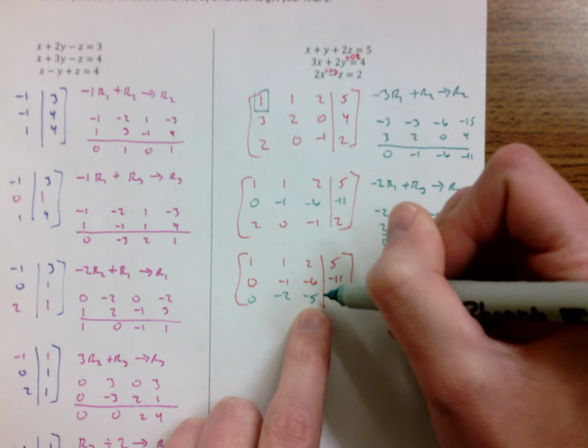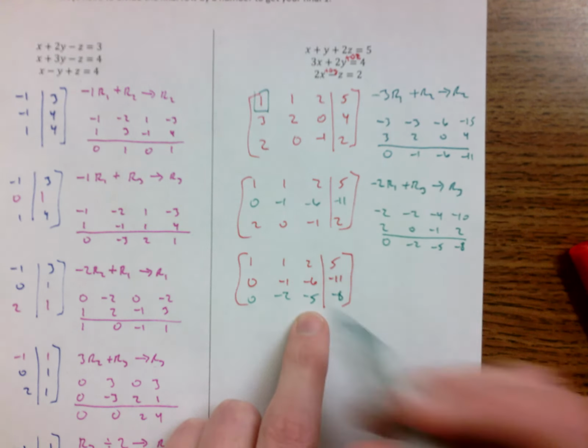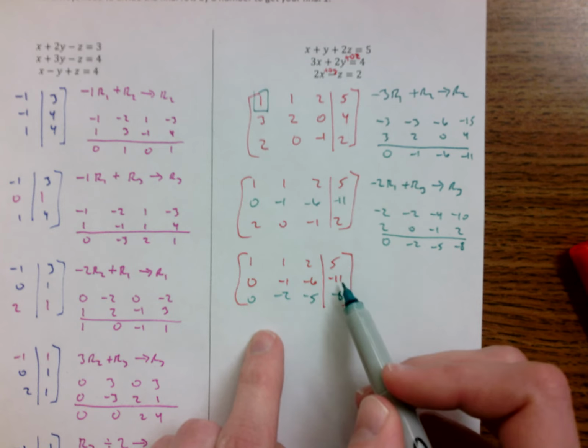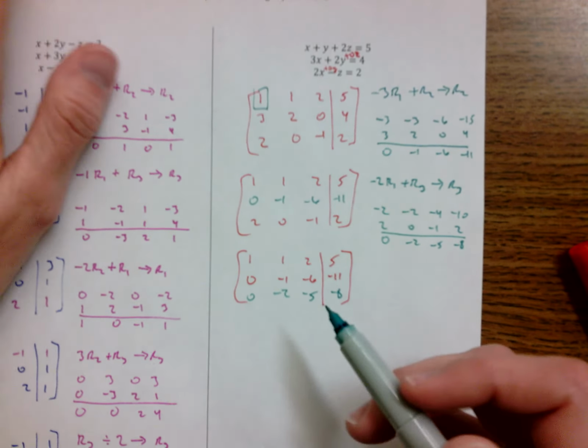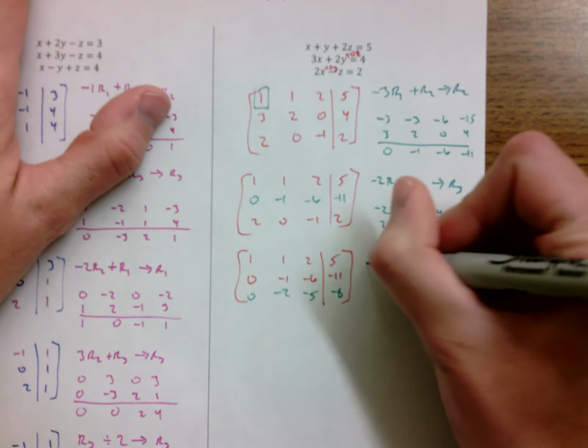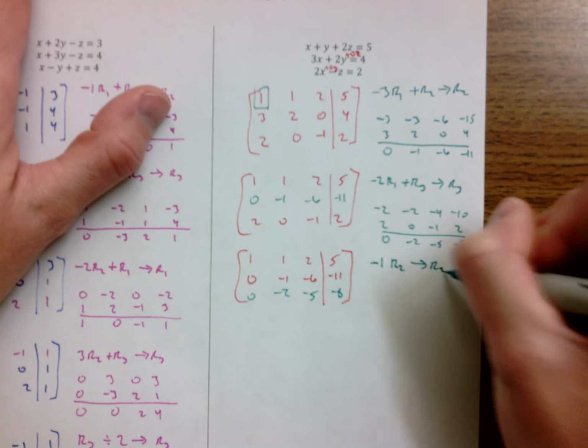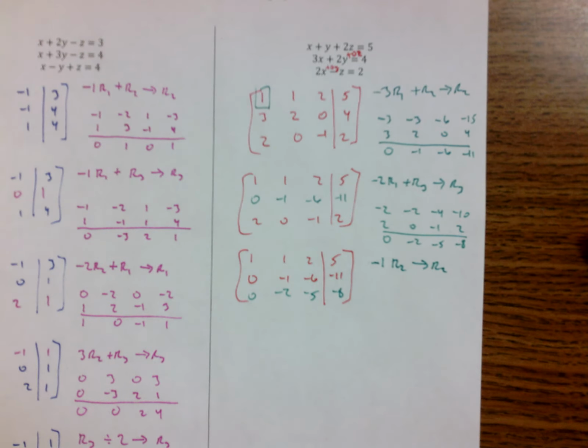Or the easiest thing to do with this guy is to just multiply the second row by -1. Remember, you're allowed to multiply a row by a number. So I'm going to do -1 times row 2 and just put it back into row 2. Sometimes you'll have to multiply by a number, sometimes you'll divide by a number. It just kind of depends.